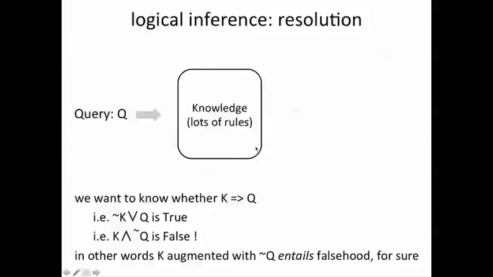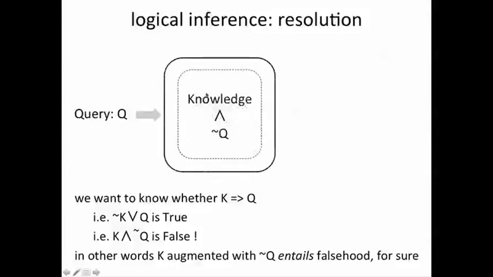The augmented knowledge base, which is our original knowledge and not Q, must give me a falsehood if I was to prove K implies Q.